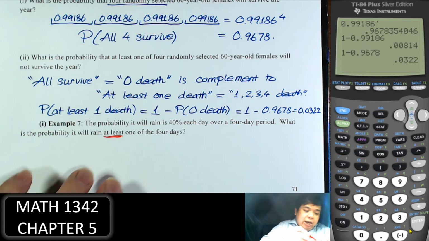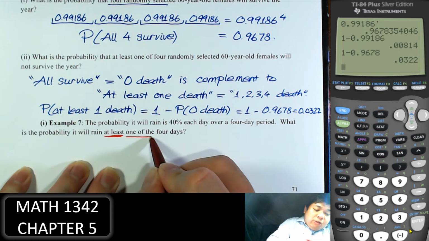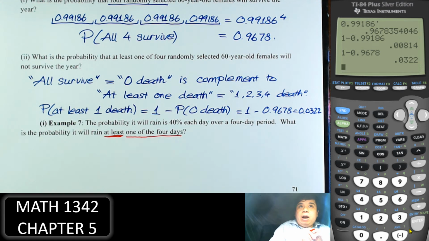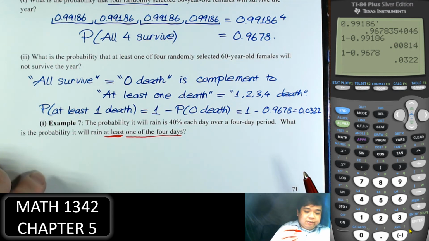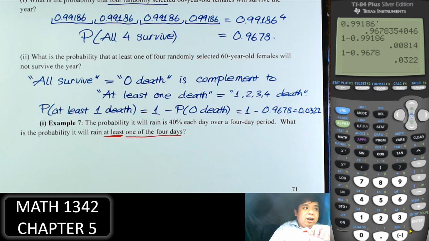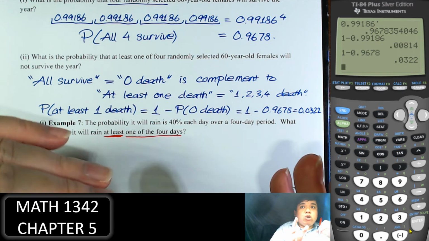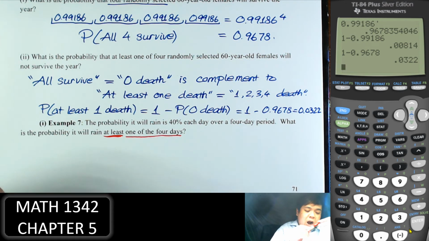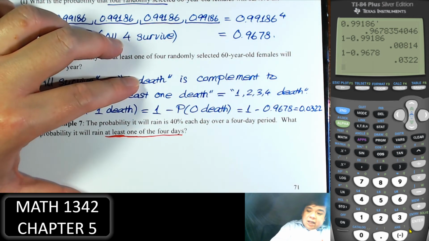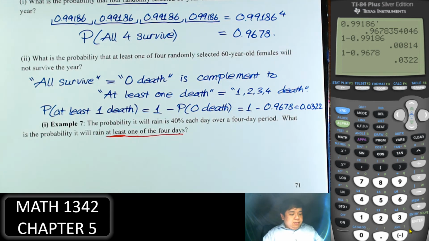The complement to at least 1 is none. If it is 1 or more, the other case is 0.